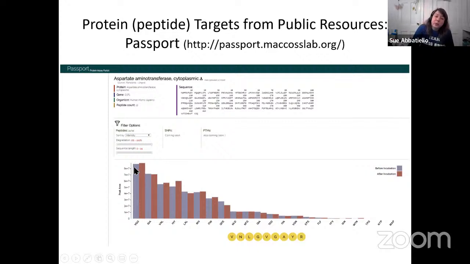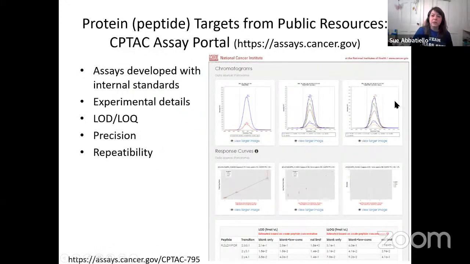The point is you would want to target peptides on the left-hand side of this plot rather than the right-hand side, particularly if you are not seeking out post-translational modifications or certain site-specific modifications. And then there are peptide and protein targets from public resources like the CPTAC assay portal. This goes down into the peptide sequence from a particular protein, and the limit of detection and quantitation, precision and repeatability that have been achieved empirically.